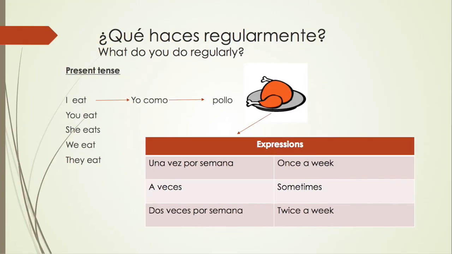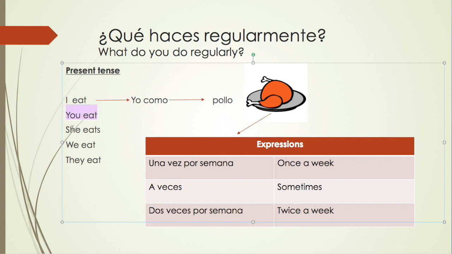Now, number 4 is how to apply grammar in a conversation. I'm going to teach you some questions, and then you're going to answer with the grammar that we saw in class. I will give you an example. ¿Qué haces regularmente? What do you do regularly? ¿Qué haces regularmente? And the answer would be, if we saw the present tense in class, I eat, right?